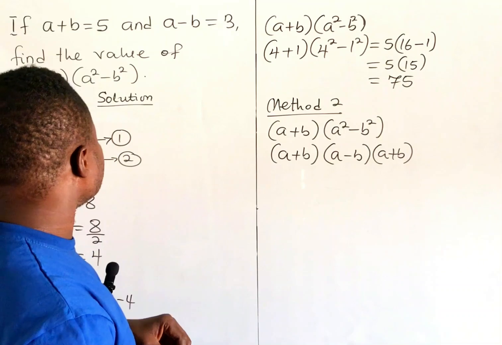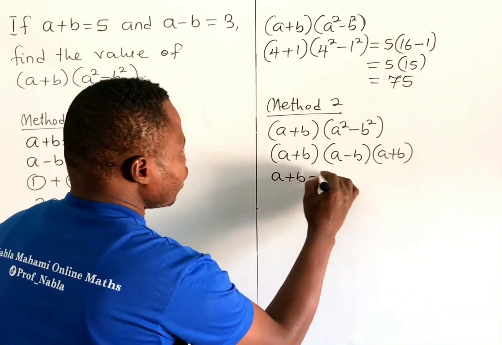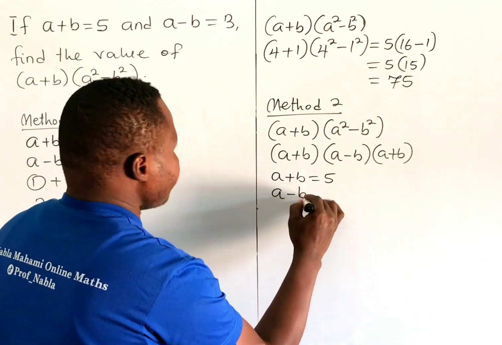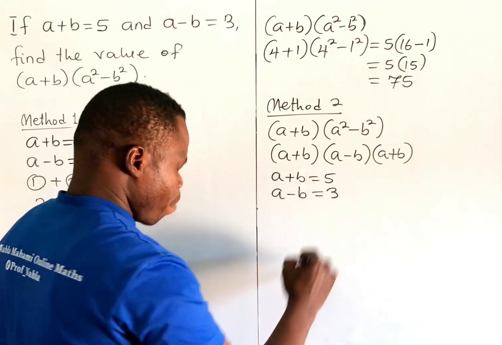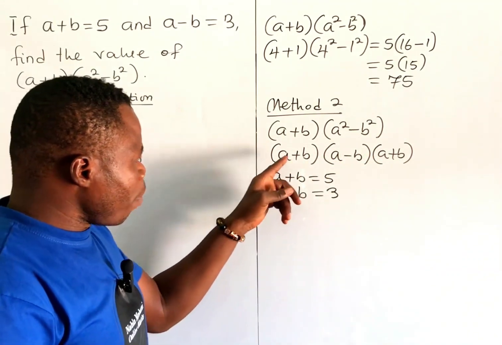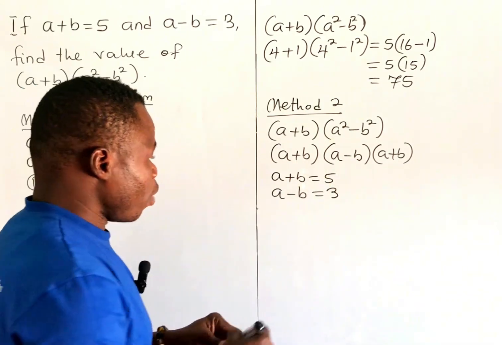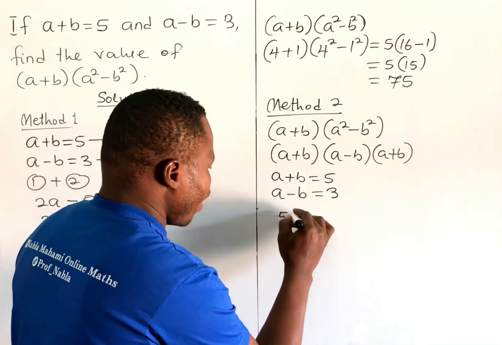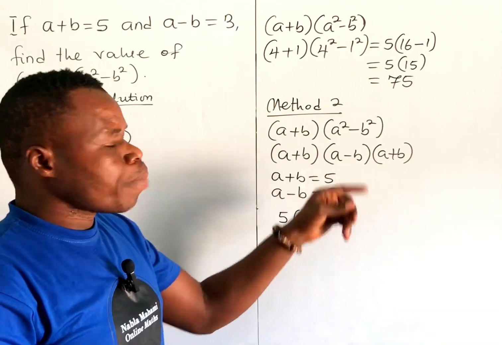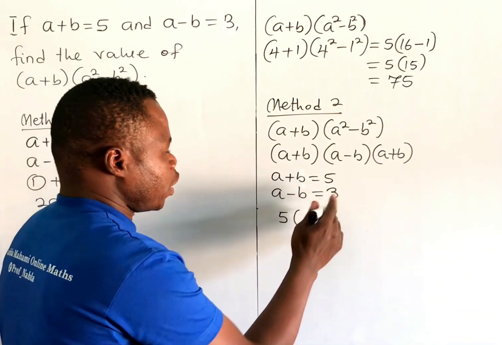Then let's consider something from the equations given: A plus B is equal to 5 and A minus B is equal to 3. So A plus B is equal to 5, and we just write 5 there, multiplying with A minus B, which from these two equations is equal to 3.